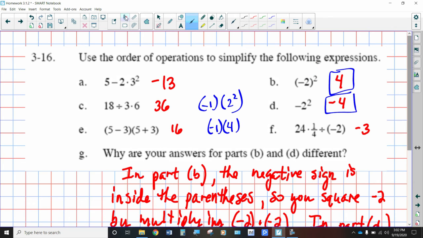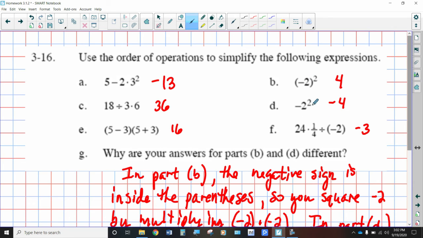Now, people often wonder why, what's the point? Well, the point is, in real life situations, there are times when we want you to square a number before you subtract it. And there are other times when we would want you to take the opposite of a number before squaring it. And so the parentheses here allow you to make those 2 distinctions. Here you would be taking the opposite before squaring it.